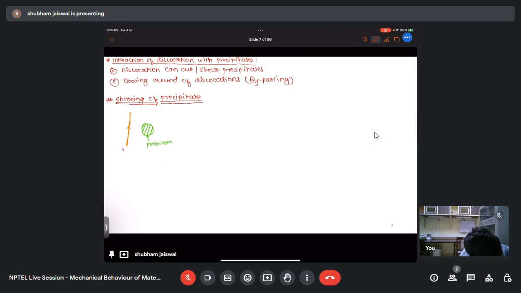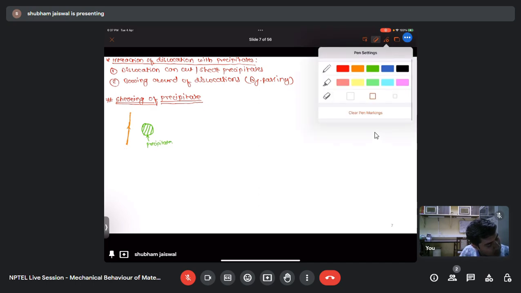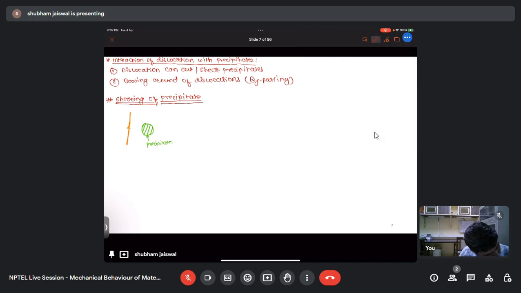This is the Burgers vector direction, and this is my dislocation. So what will it do? This dislocation will move to this side, and it will shear or cut out the precipitate.